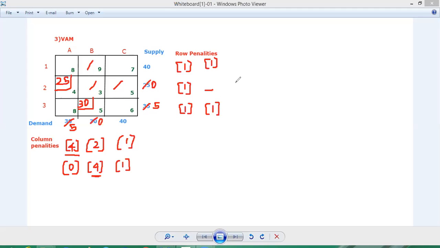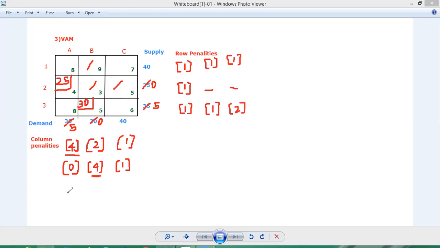Now to allocate resources to the next cell, again compute row penalties and column penalties. Here the first row has a row penalty of 1. That is 8 minus 7, it is 1. Again here we don't have to compute row penalty. And the third row has a row penalty of 8 minus 6, that is 2.